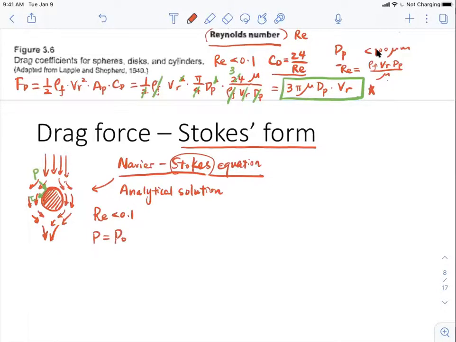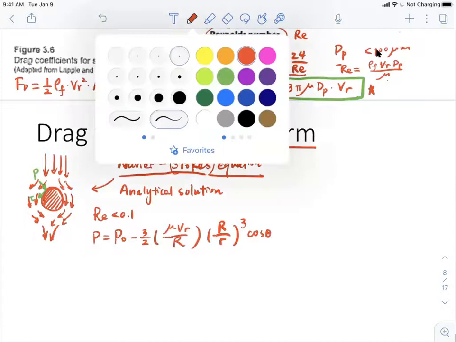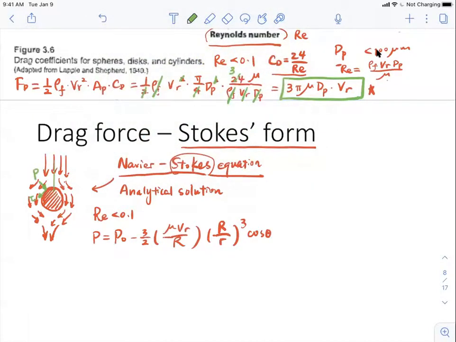So P is equal to P0 minus 3 over 2 mu VR over R, times r cosine theta. This cosine theta involves the angle at any location relative to the central axis of the sphere, along the direction of the fluid.